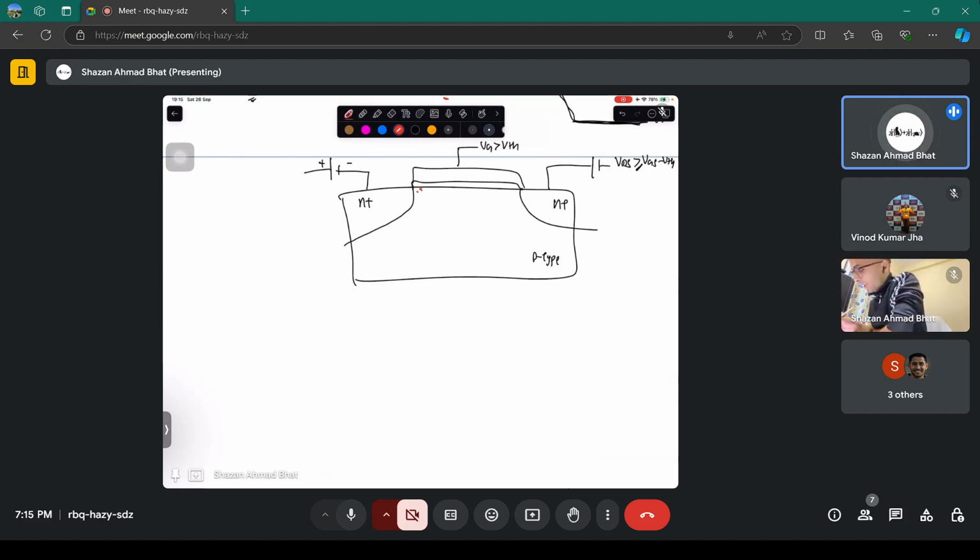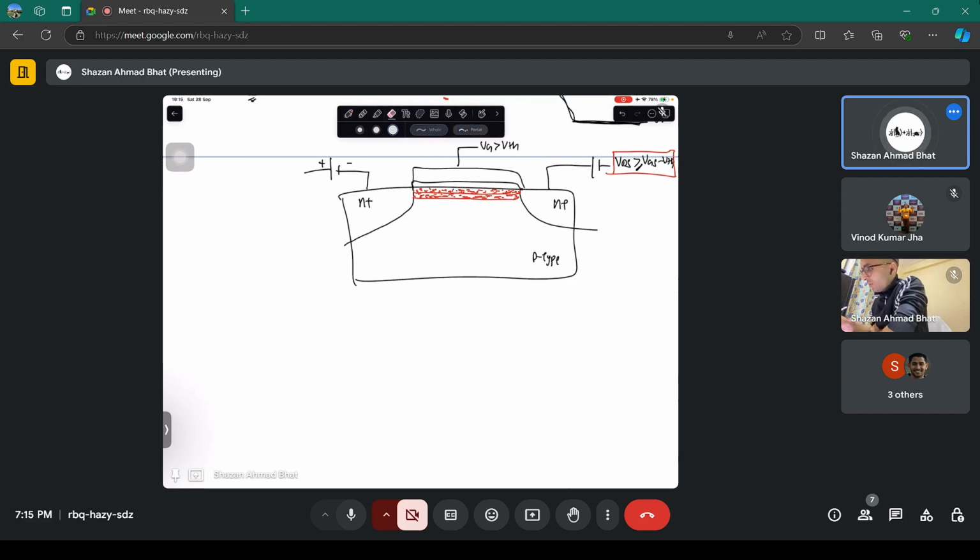You know that there was inversion charge present here, a uniform layer of inversion charge present here. But what happens when the gate voltage crosses or at least reaches this particular value is that this charge, let's say this charge was like this earlier, like a uniform charge. Let me show it more thick.